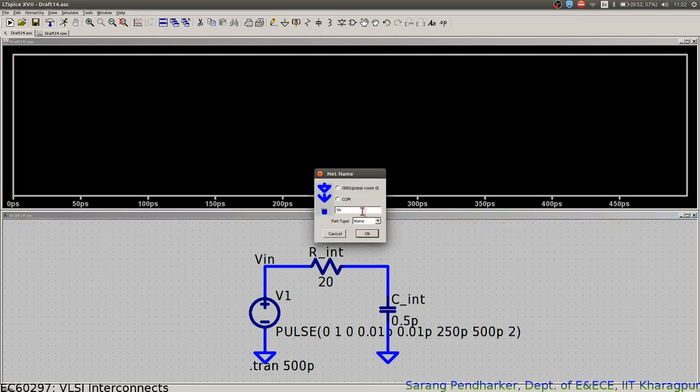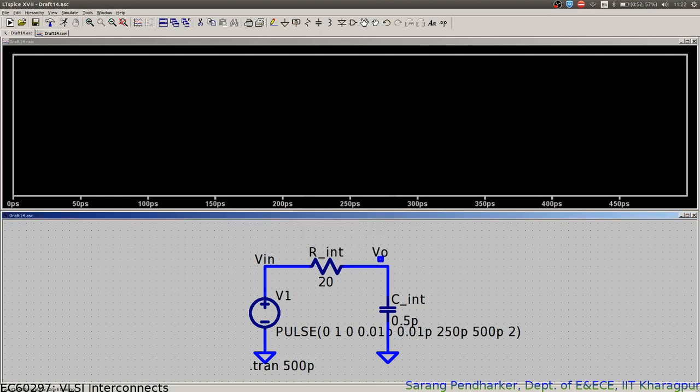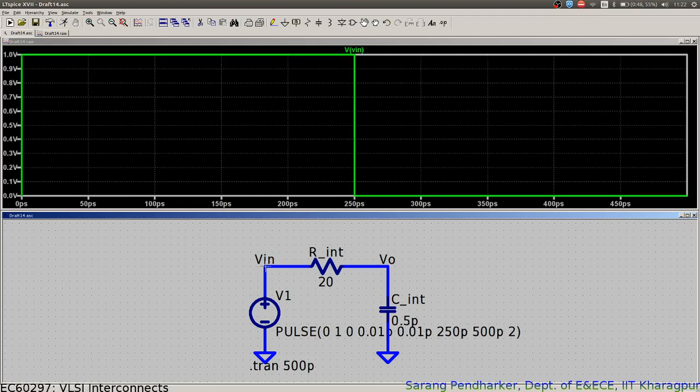So this is V out, and let me place it here. Right now, if I just want to see the input, so this is my input, starts at 0, goes up, then remains 1 till 250 picoseconds, then becomes 0. Right? If I want to look at my output voltage, it is something like this.